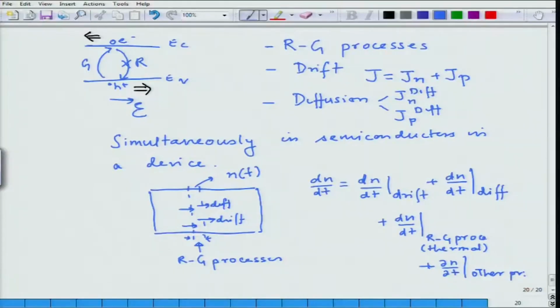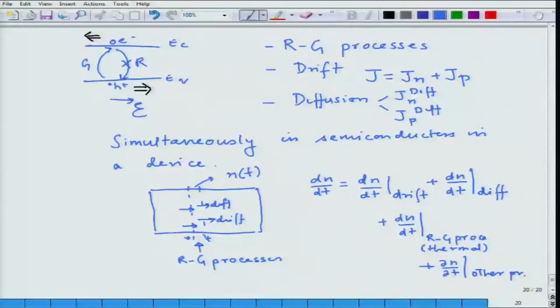As we discussed, the generation can be due to thermal reasons, or the generation can be due to the injection of carriers or due to excitation by a light source. So, this would be a general equation which is basically having 4 terms: drift, diffusion, RG processes, which are thermal processes leading to change in carrier concentration at that point, or other processes.